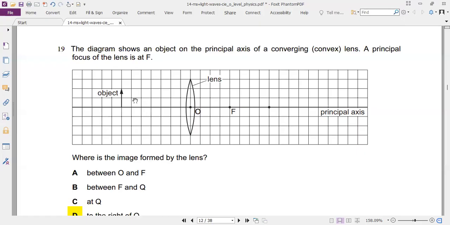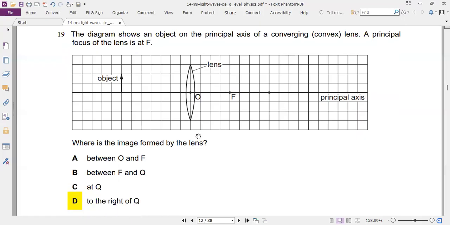If it is F and 2F and this is 2F, then the image will be formed. Well, there is some misprint. This point is Q. So the image will be formed, if the object is between F and 2F, beyond 2F. Remember the 5 settings we have studied?